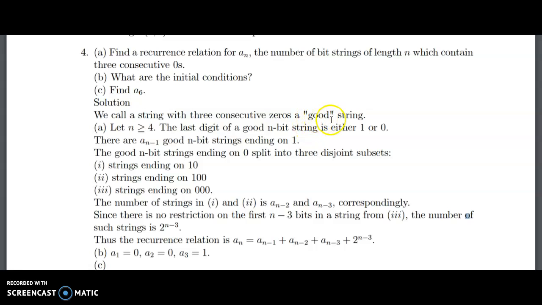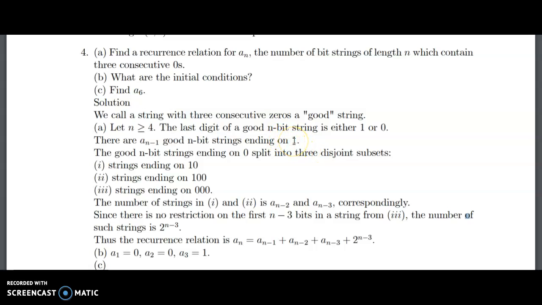We count the good strings that satisfy the requirements. For n at least 4, we'll obtain a recurrence relation. The last digit of a good n-bit string is either 1 or 0.